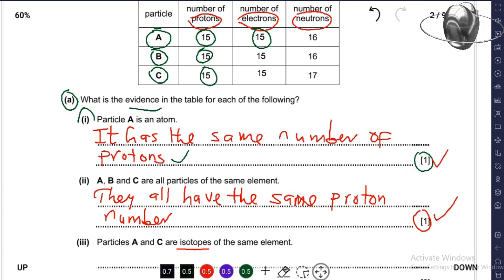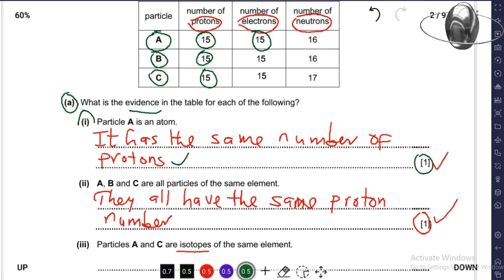So when we look at A and C, A is having 16 neutrons, C is having 17 neutrons, but the number of protons are just the same. That is an evidence enough that these particles are of the same isotope.